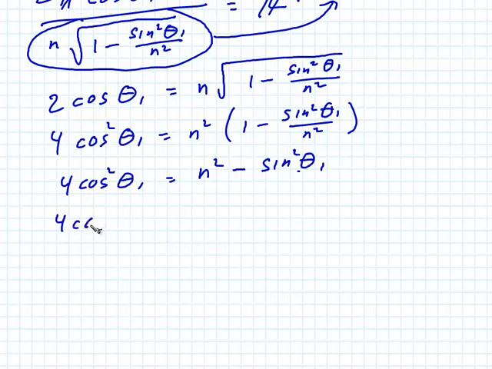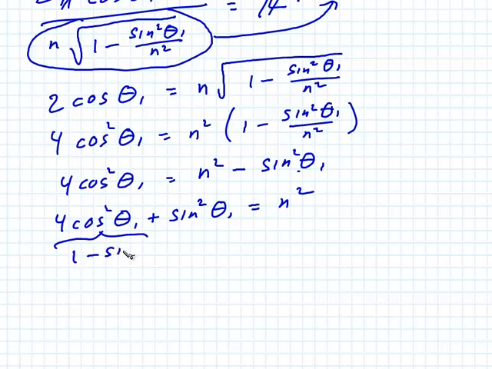So 4 cosine squared theta 1 plus sine squared theta 1 equals n squared. In order to combine these into a single term, I'd like to change the cosines into the sine. Let's take this cosine squared and rewrite it as 1 minus the sine squared. When I multiply it by 4, it's 4 minus 4 sine squared theta 1 plus sine squared theta 1 equals n squared.